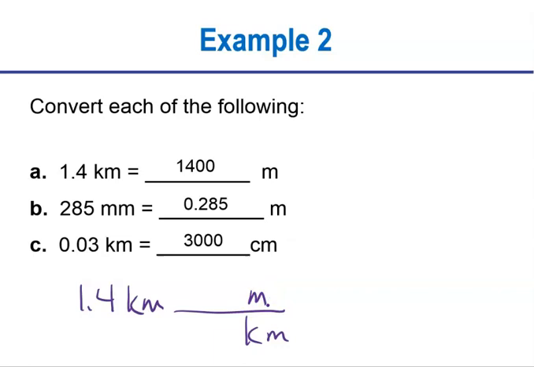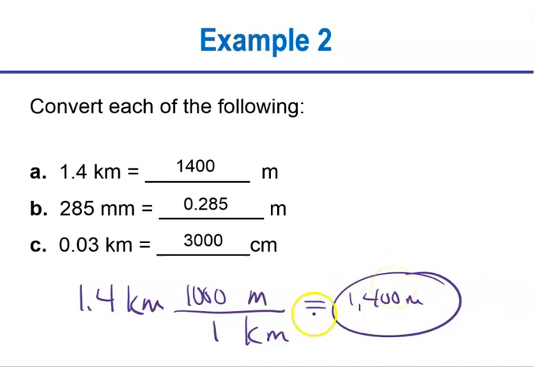Now, we know the definition of kilometers. There's 1,000 meters in 1 kilometer. And then you just multiply 1.4 times 1,000, which gives us 1,400 meters. And I would do it like this all the time.